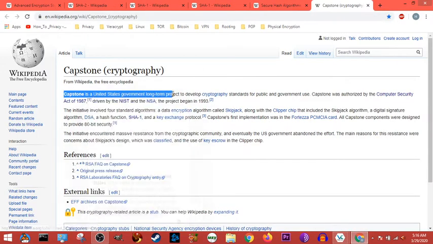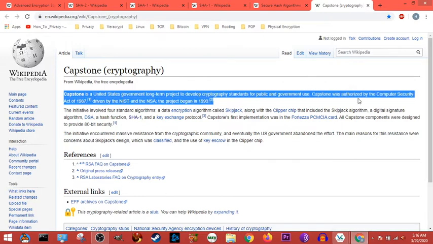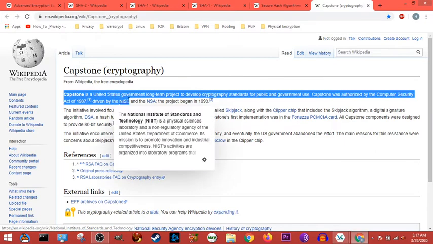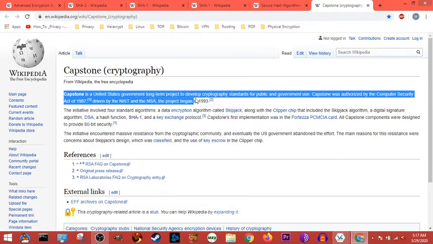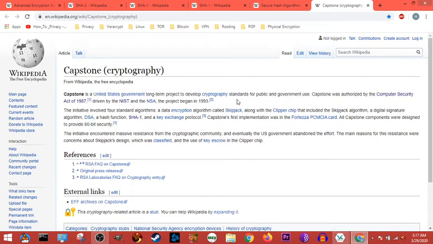Capstone is a United States long-term project to develop cryptography standards for public and government use. Capstone was authorized by the Computer Security Act of 1987 and driven by the National Institute of Standards and Technology. You remember those guys from AES and the NSA. The project began back in 1993.